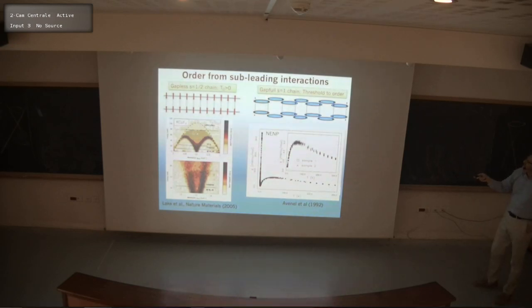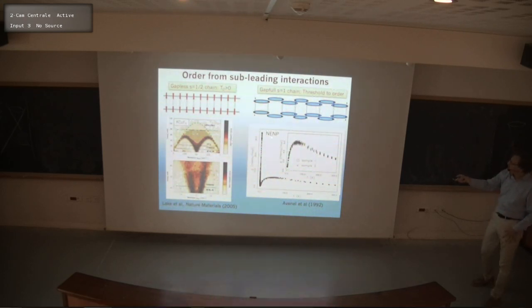In that case, each of the chains actually has kind of a quantum rigidity to it, so it likes just to sit in that singlet state. The staggered susceptibility is not infinite because there's a gap in the excitation spectrum. So if I put two chains next to each other and the interaction is sufficiently weak, it's not able to overcome that quantum rigidity of the individual chain, and you actually never get order in that system.